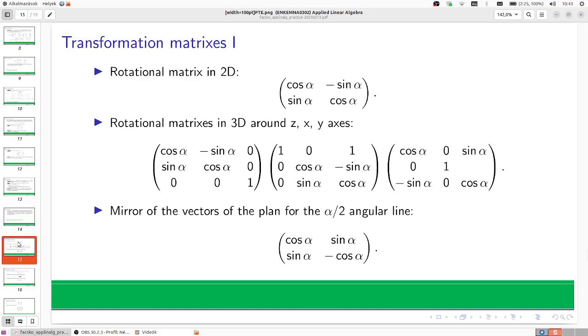Okay, rotational matrices. We had, so I gave an example for this. Also for rotational matrices in 2D and also in 3D, you can apply the same stuff.